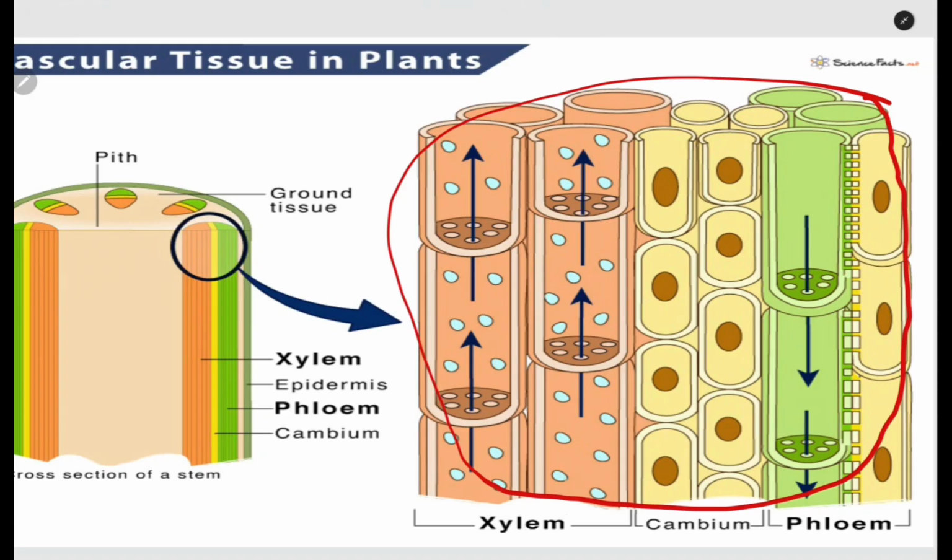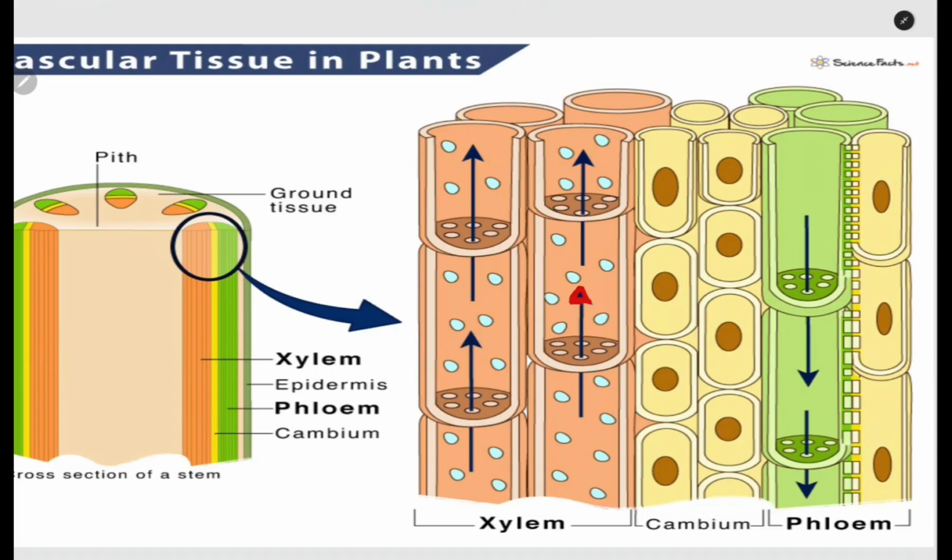Now, if I were to look at it carefully, for the xylem, what I'm mainly interested in is the direction of the arrows. Here you can see that in the xylem, the materials move only from the ground up to the end part of the plant. In xylem, water moves from the ground up to the top part of the plant, that is the leaves.